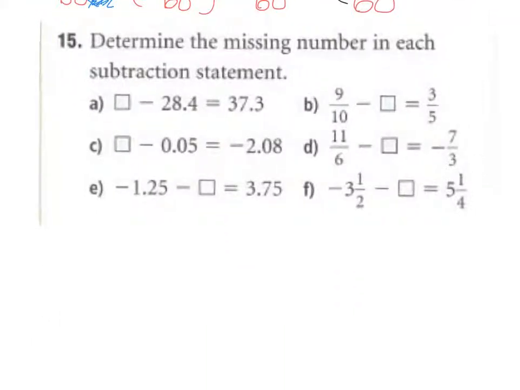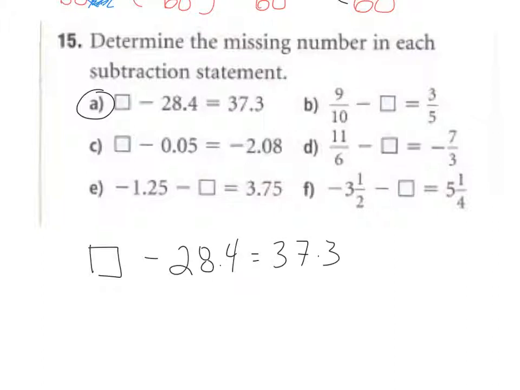So let's do these ones too. Let's just pick number A, an unknown, subtract 28.4 is equal to 37.3, and the rules of algebra says if I want the unknown by itself, I just do its opposite.